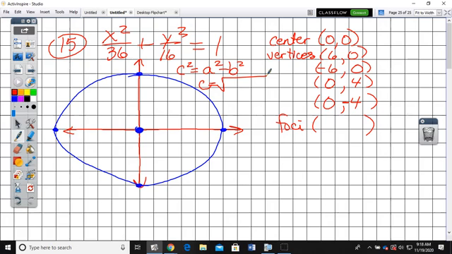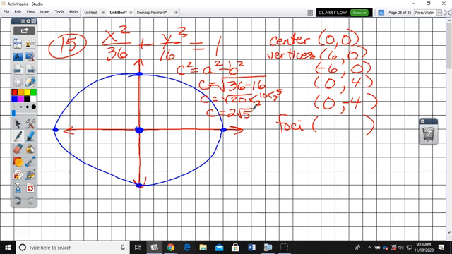All you really have to remember is subtract the bigger number minus the smaller number. 36 minus 16, which is square root of 20. Sorry, you do need to simplify that. It'd be 2 and 10, and then 2 and 5. So 2 square root of what?